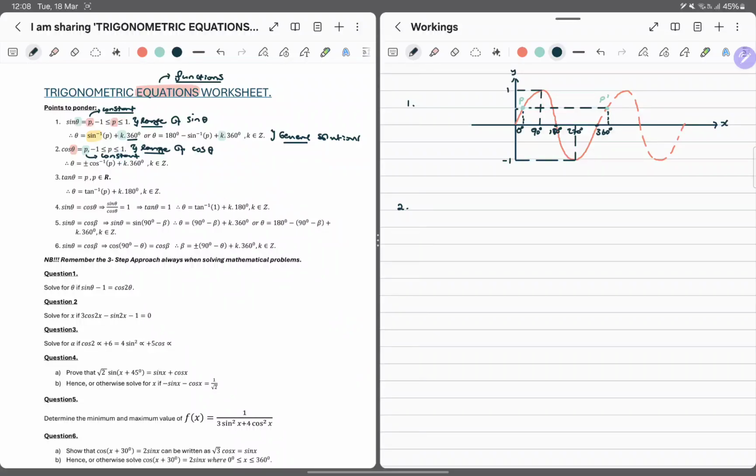All right, good. So if that's the case, we can then solve for the angle by taking the arc cos of that value p, and then we add 360 degrees times k, meaning k is an element of integers. Now k is simply as many revolutions as we want. That's very nice.